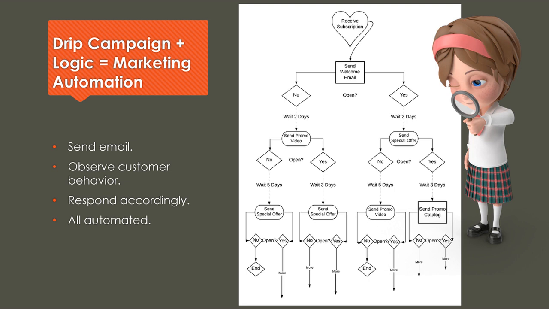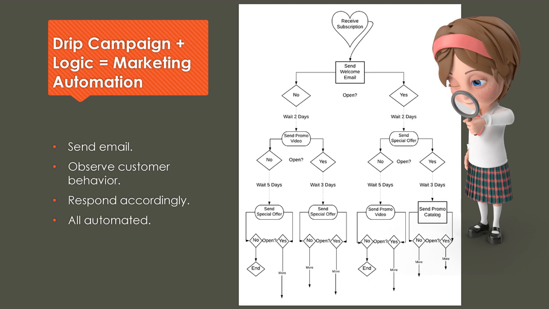Some of these drip campaigns can go on for a very long time. It sort of depends on the expense of the thing you're selling. So the more expensive the thing you're selling, the more communications you need to sell it. A $20 item may not need more than 3 or 4 steps in a drip campaign.